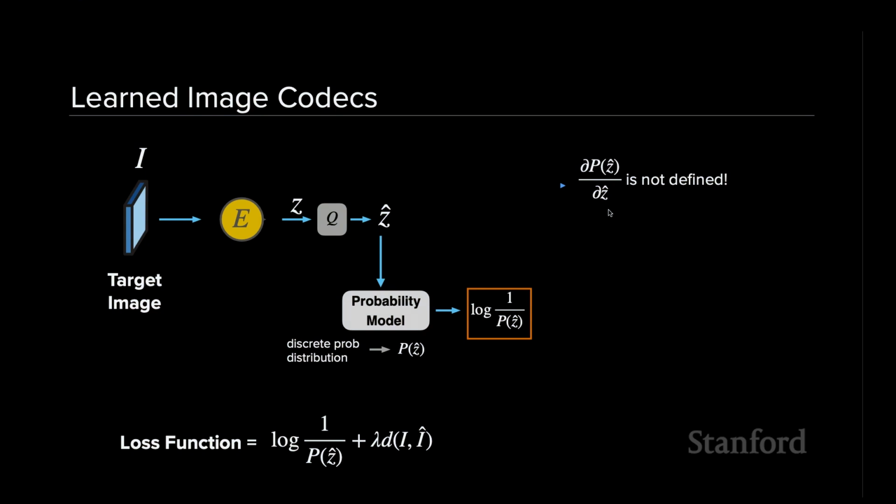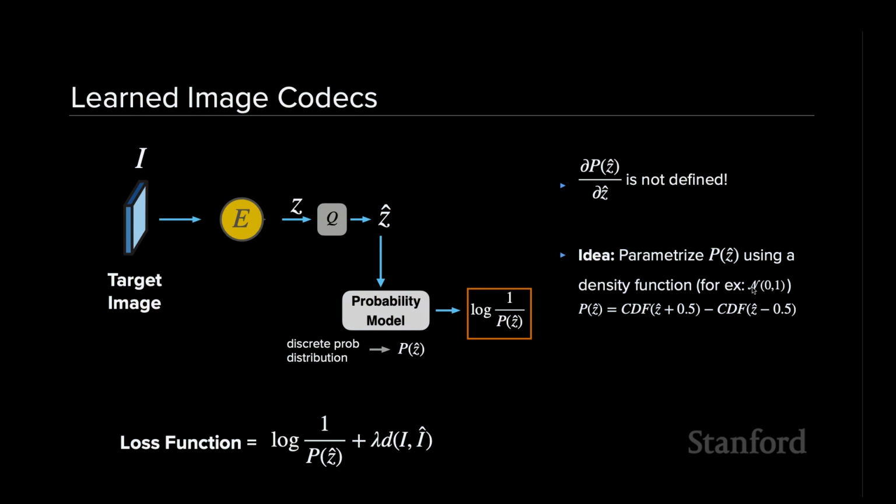And so people in the field came up with a neat workaround. Again, it's a workaround and an assumption, which is you can parameterize your model P of Z hat using a density function. This is a bit tricky, and you may wonder why we are doing this, but let's just try to understand what we are trying to do.